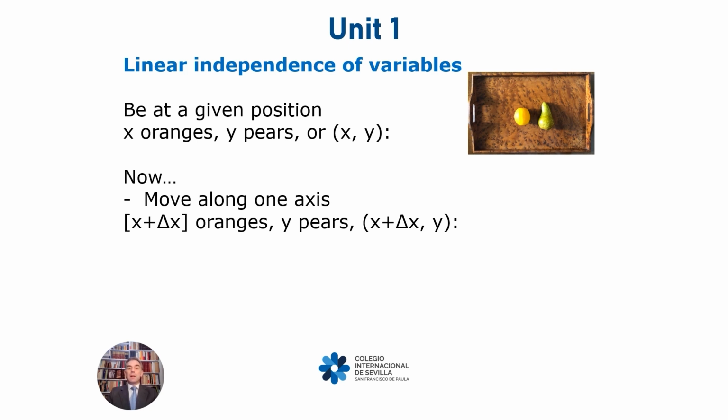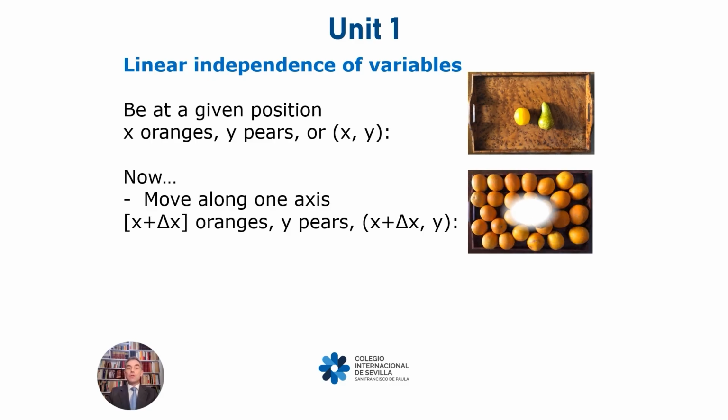Instead of being at point xy, or x oranges plus y pears, we will have more oranges. But as we know, oranges and pears are different, so we cannot add them. The result is having many oranges and still just one pear. With adding none, we still have the same number we had.